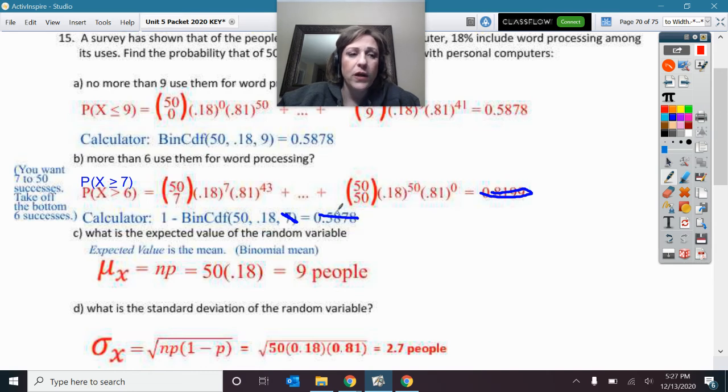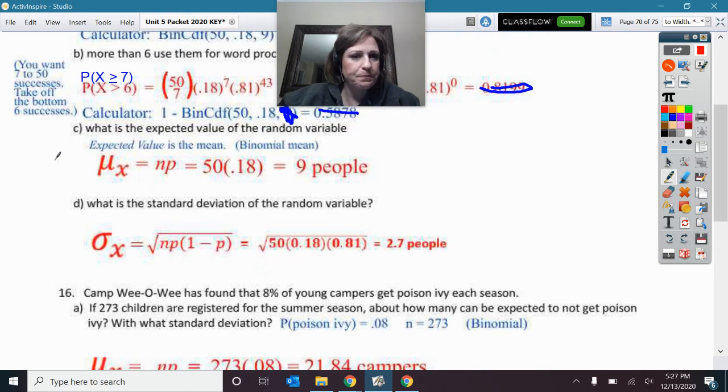Okay, so what do I want to take off? In fact, I wrote it over here on the side. Take off the bottom 6 successes. So this should be a 6 right here where I had written 7. Okay, so you can go recalculate that, but otherwise that is going to be the probability. And I'll fix that on the answer key I post.